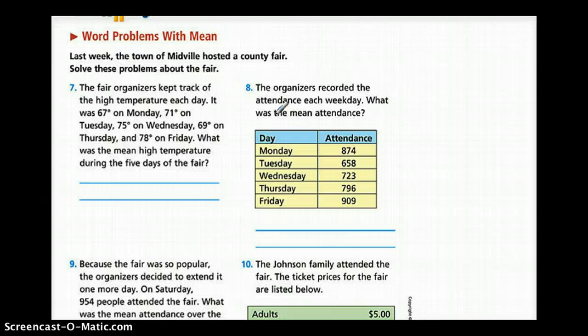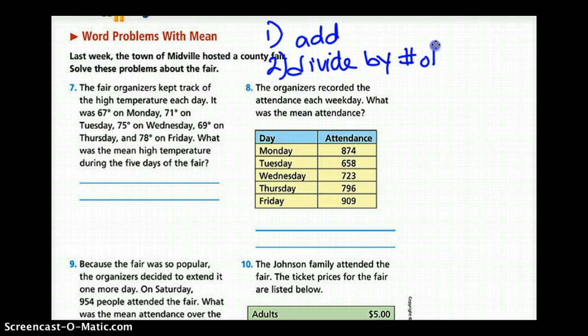What was the mean high temperature during the 5 days? Remember, you add first, and then you divide by the number of values you have. So this one you're going to divide by 1, 2, 3, 4, 5.